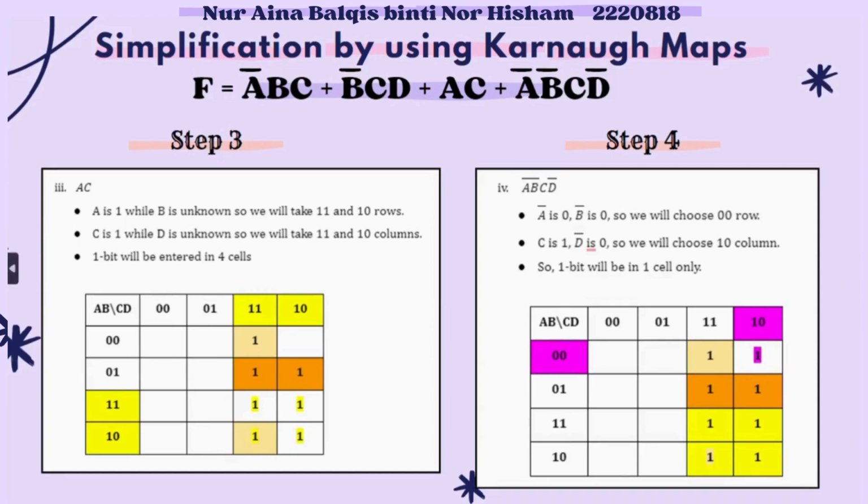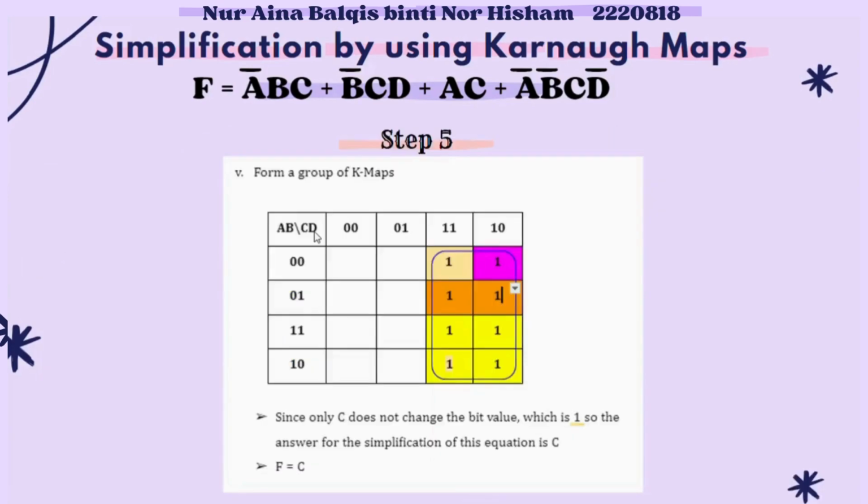And then the last step is to form a group of K-maps. The group of K-maps must be as large as possible, horizontal and vertical here. So we will form one group only.